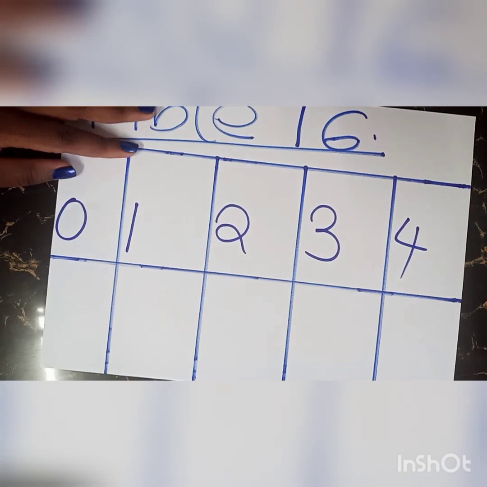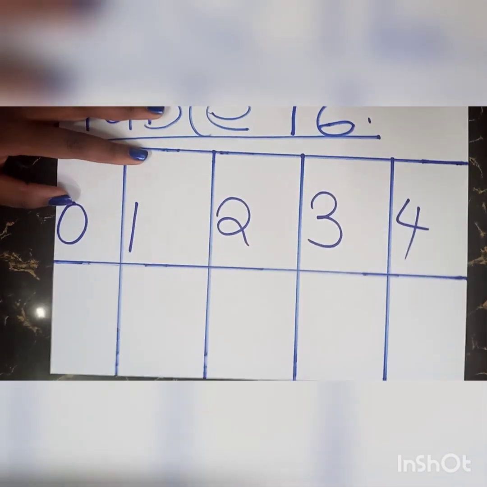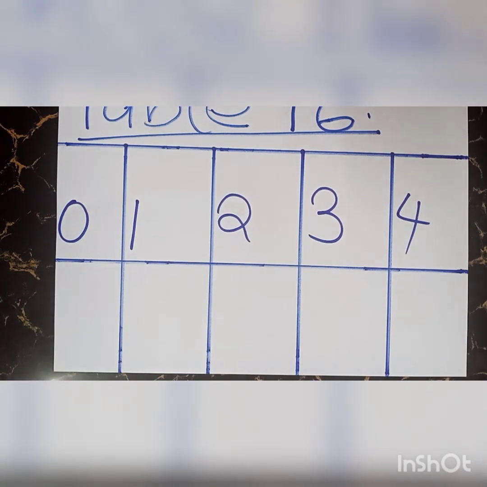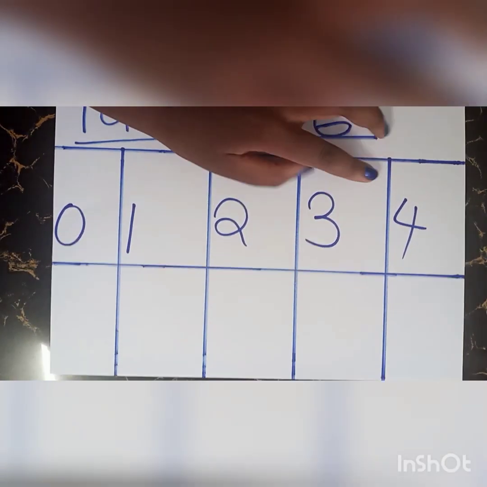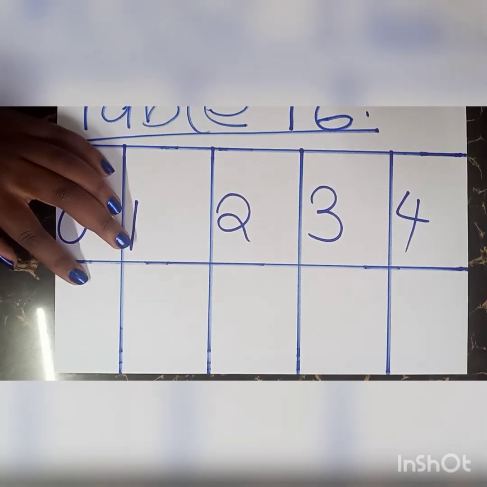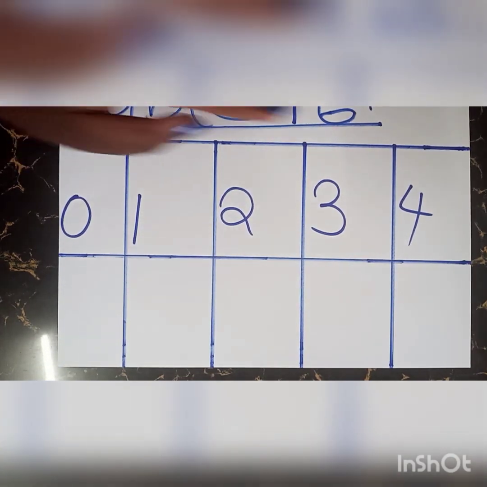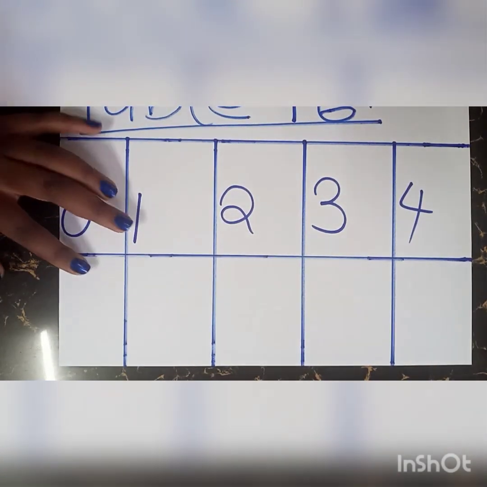When we get to the second row, we'll repeat the 4 before we begin counting. In short, what we wrote as the last digit in the first row is what we'll write as the first digit in the second row. Because we wrote a 4 here, we'll write a 4 here as well.